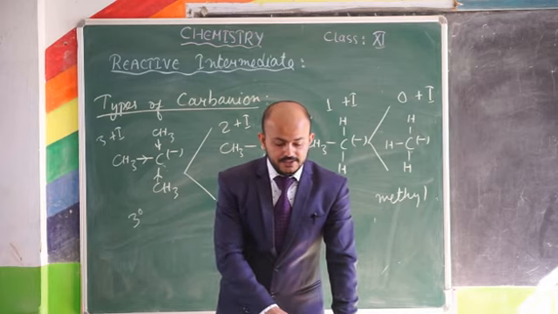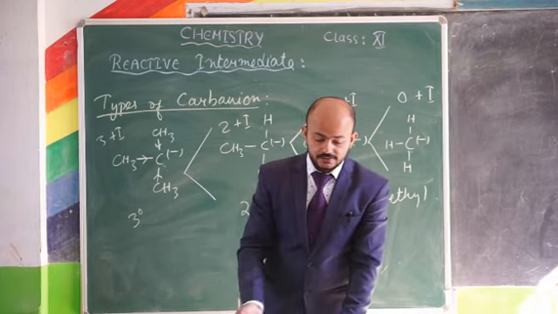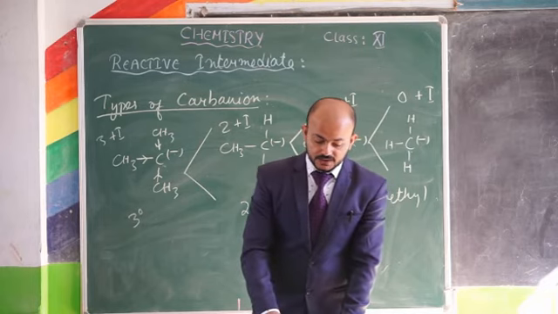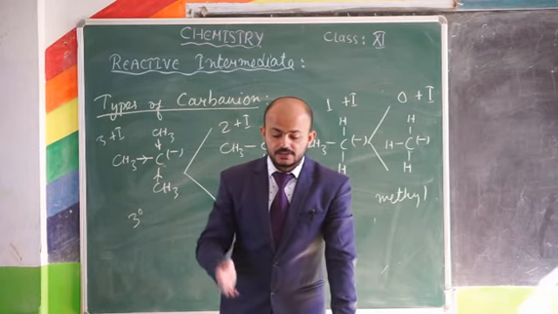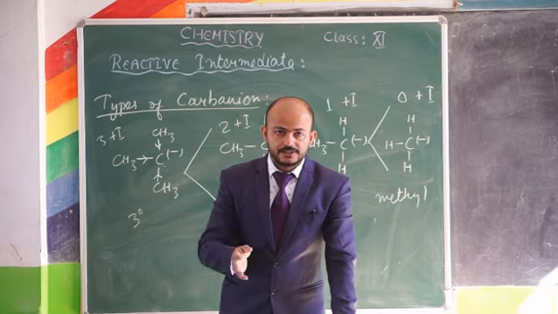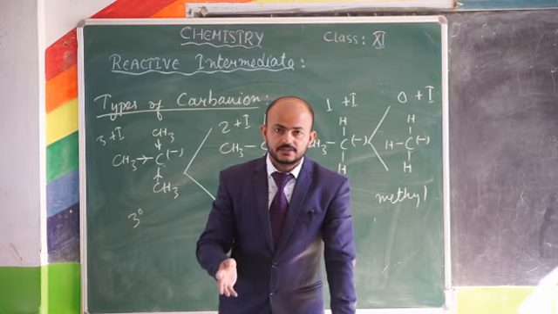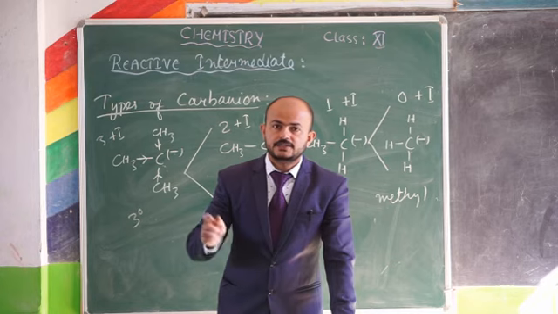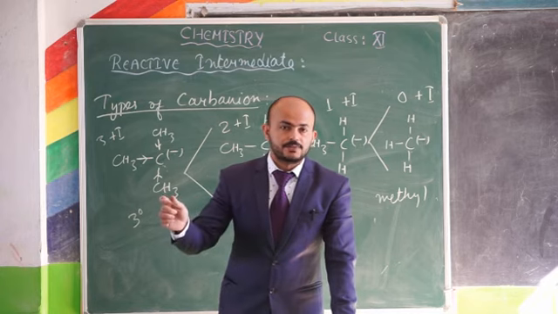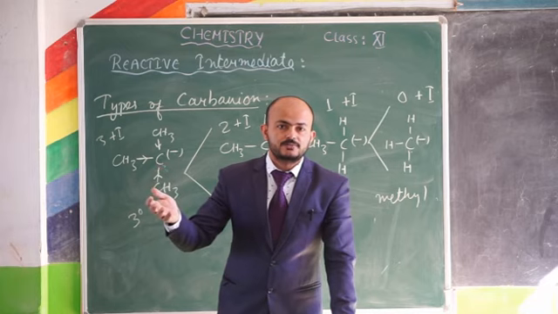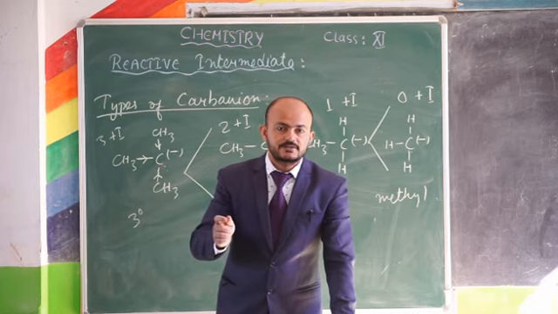Now, free radicals, you already know what free radicals are. About free radicals, we have already discussed the stability. Yes, we have discussed free radicals are those species formed by homolytic bond fission and they are deficient in electrons.